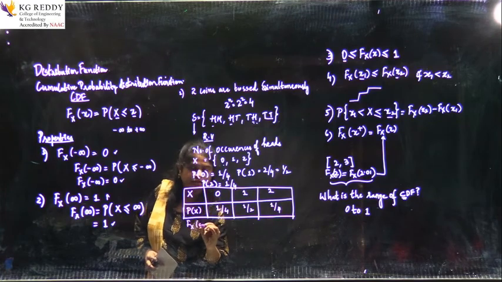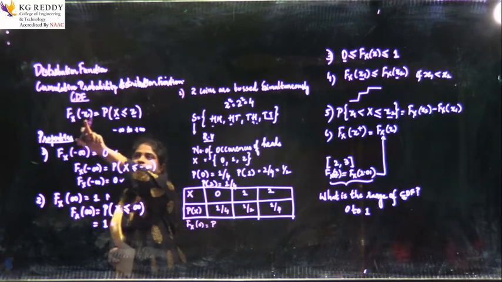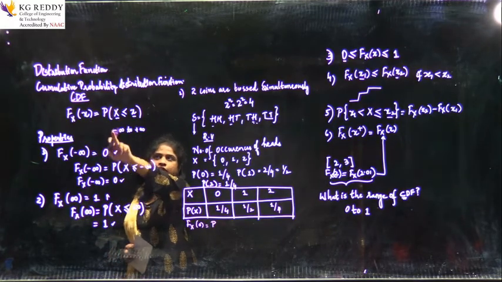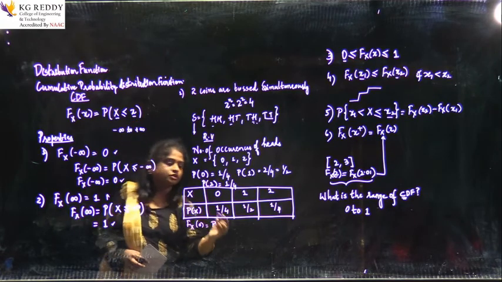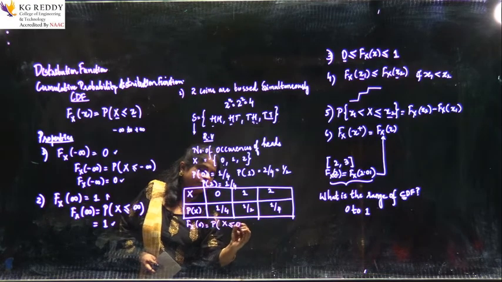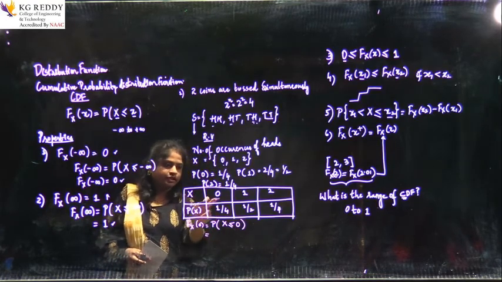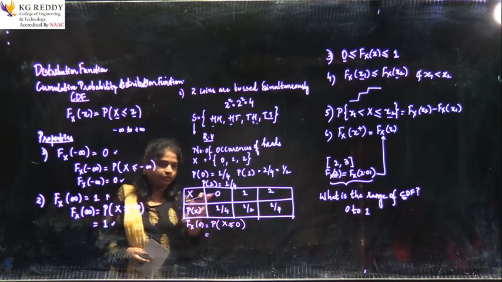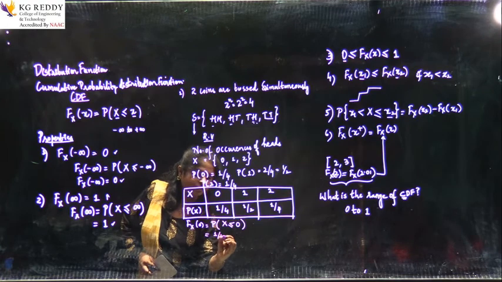So, what will Fx of 0 be? What is the definition of Fx of 0? Fx of 0 will be the probability of x less than or equal to 0. Less than 0 there is no number, equal to 0 there is a number. So, I will just write it as 1 by 4.